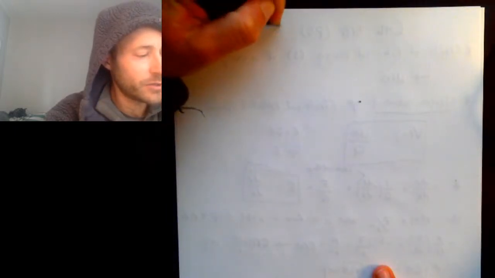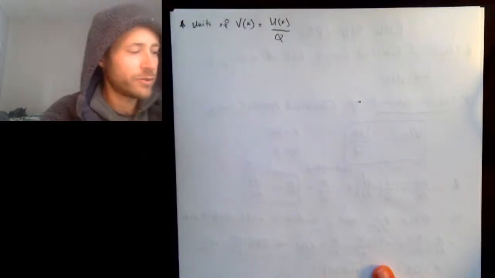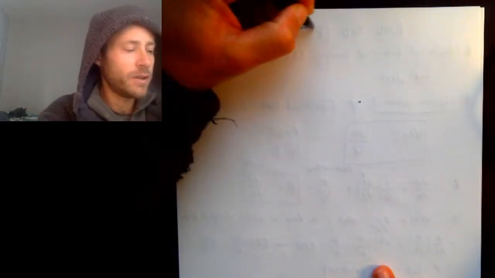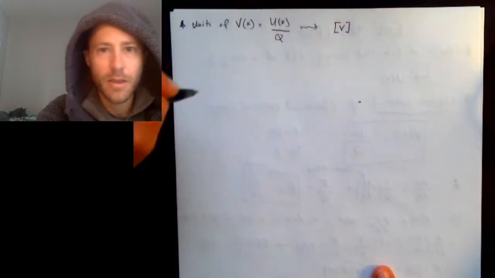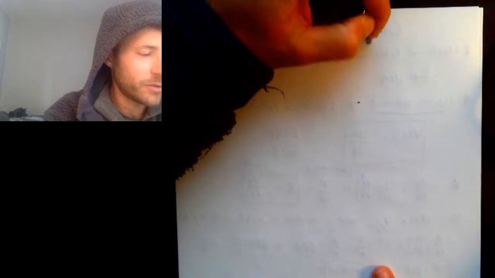Well, electric potential is defined as potential energy divided by charge. So what that means is that the units of electric potential are equal to the units of potential energy divided by the units of charge.